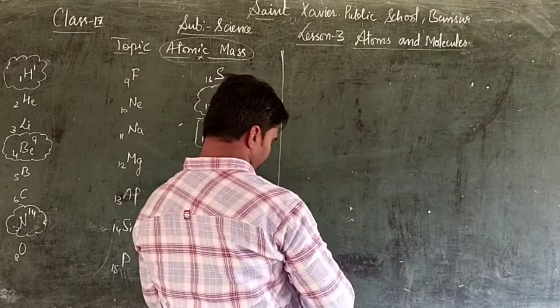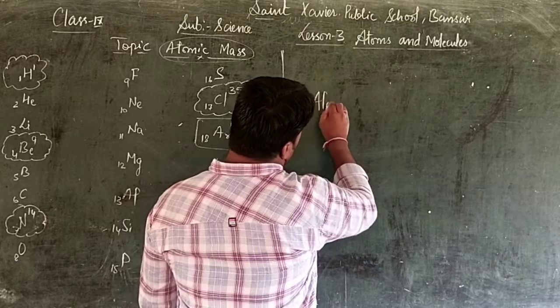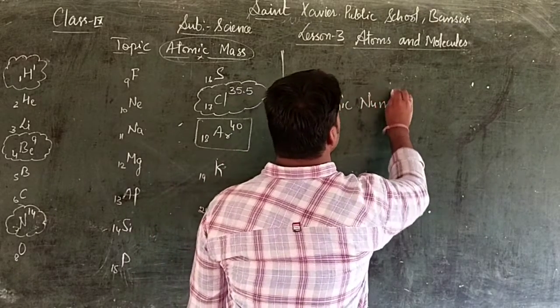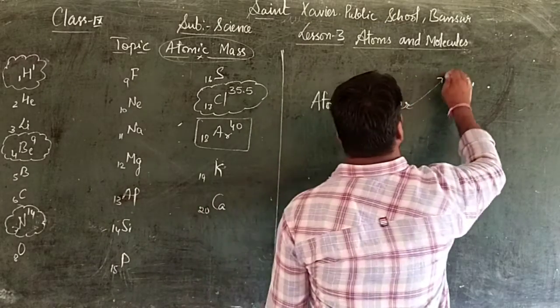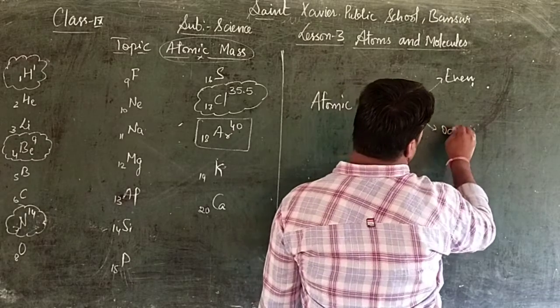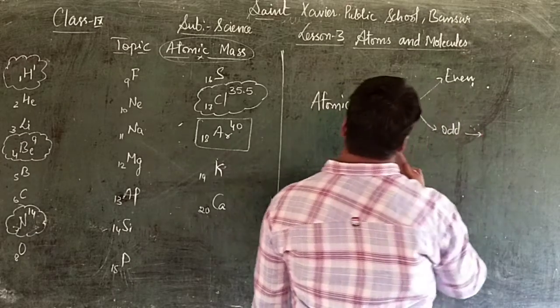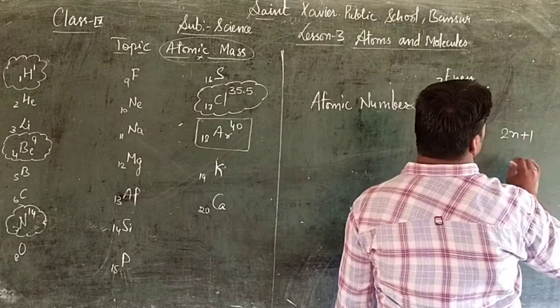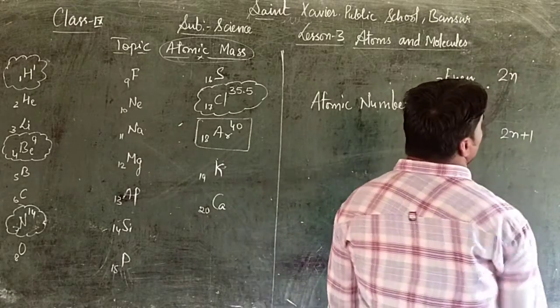So if the atomic number is even or odd: if the atomic number is odd, then we will use the formula 2n plus 1, and for even we will use 2n.